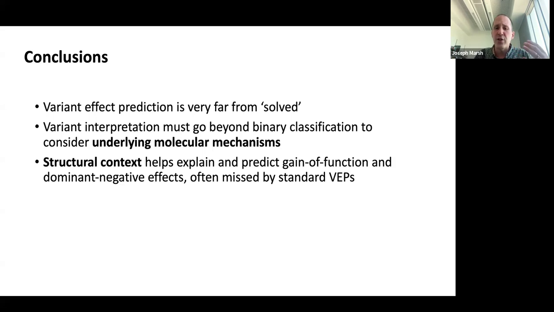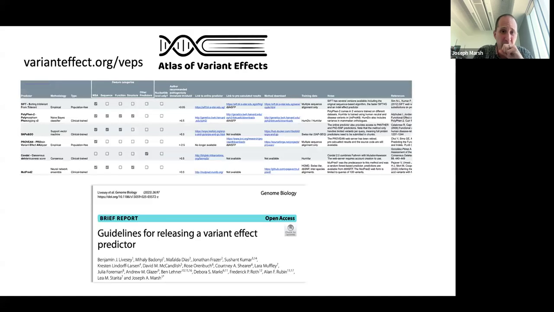And that structural context really helps explain and predict gain of function and dominant negative effects that are often missed by these standard variant effect predictors. So it points to a very crucial role for these structure-based approaches when trying to get at these often cryptic variants that are acting by alternate molecular disease mechanisms.